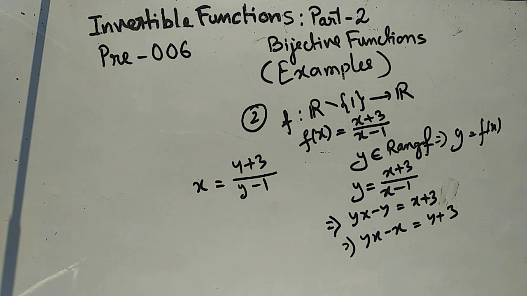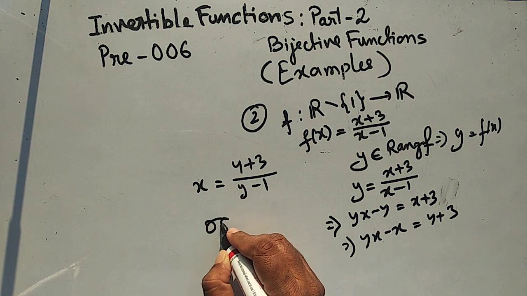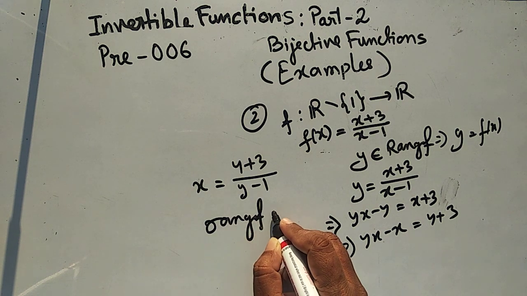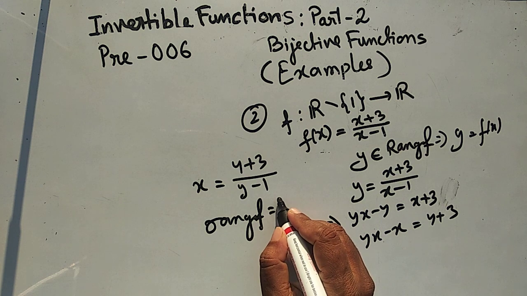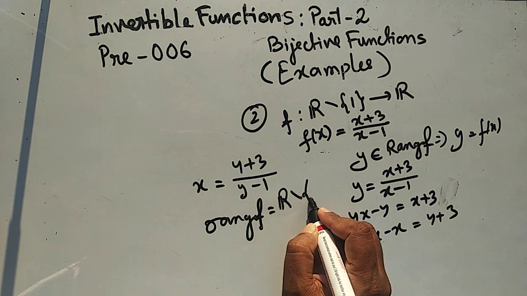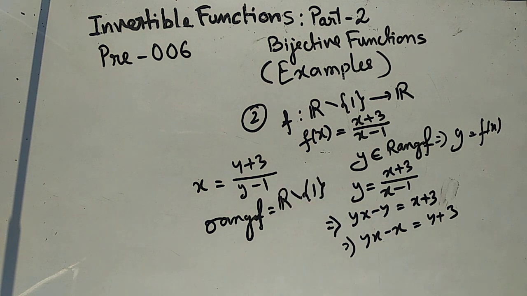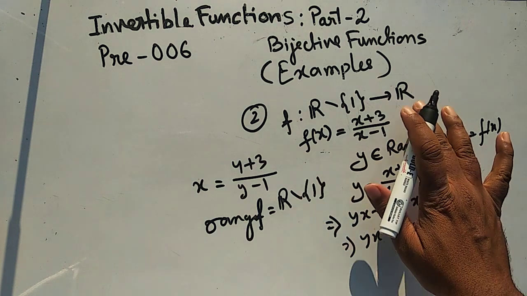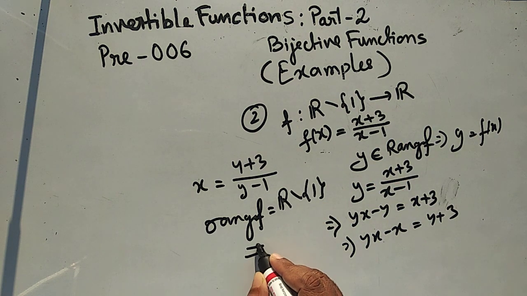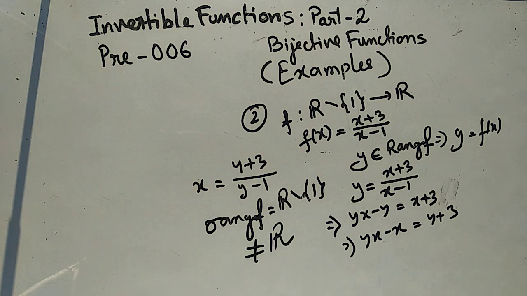It means the range of this function cannot have 1, so the range is this. Is this set equal to R? The answer is no, not equal to R. Therefore, we come to the conclusion that this map is not onto.